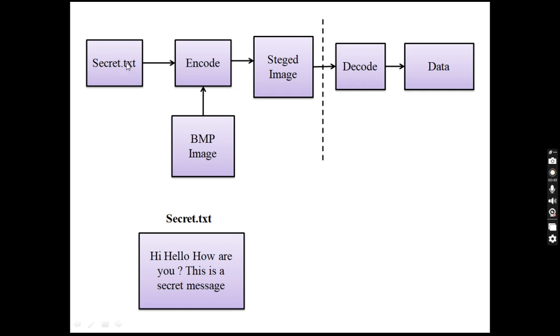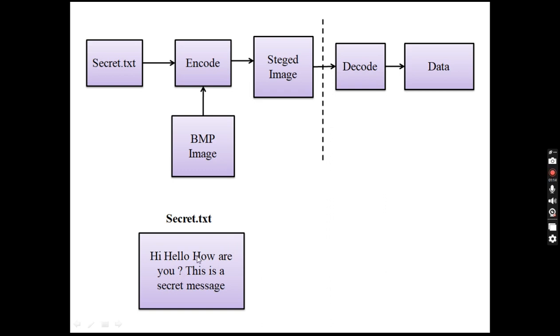After hiding the data of secret.txt file into the BMP image, the image we get is the stego image. So this stego image will have the data of secret.txt file. We are going to give this stego image to the receiver, where the receiver performs the decoding operation. Once the receiver performs the decoding operation, the receiver should be able to get back the data, that is in fact the original data, that is secret.txt file data.